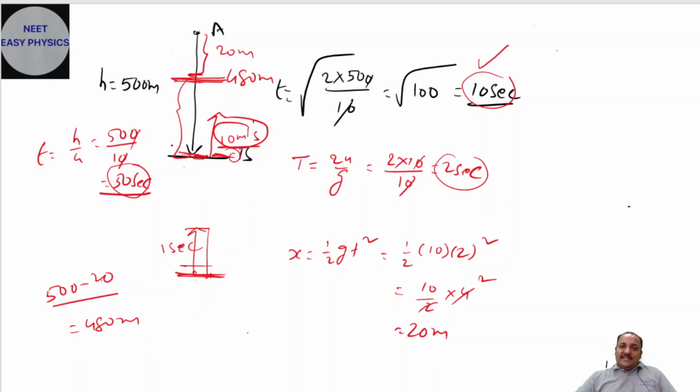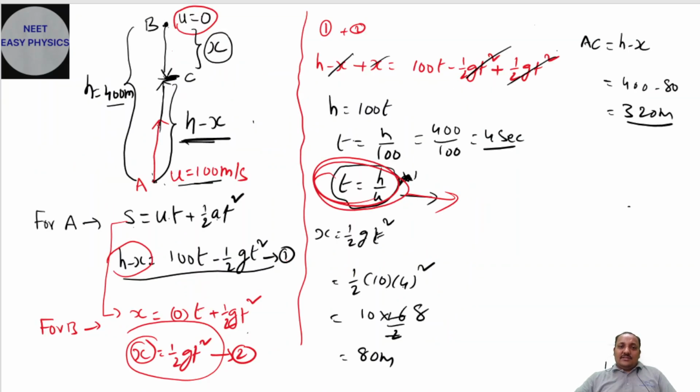Within 2 seconds, the projected object with 10 meter per second is reaching the ground, and the dropped object reaches the ground at 10 seconds. Both objects met on the ground after 10 seconds. Isn't it? So like this you have to do.